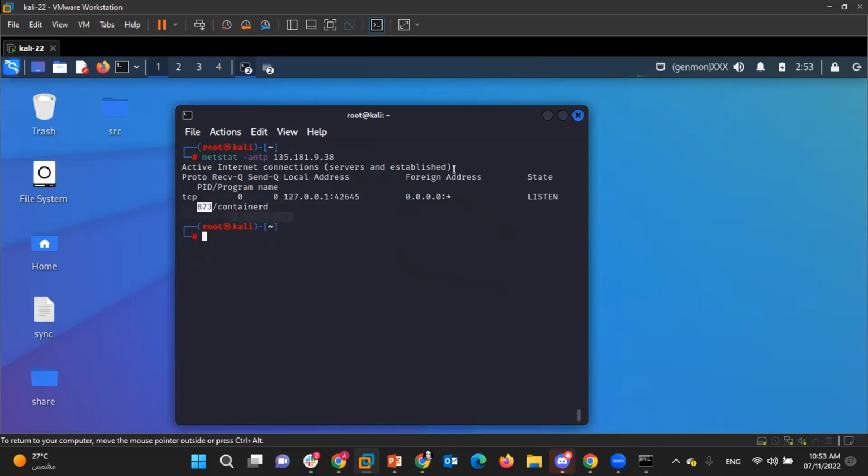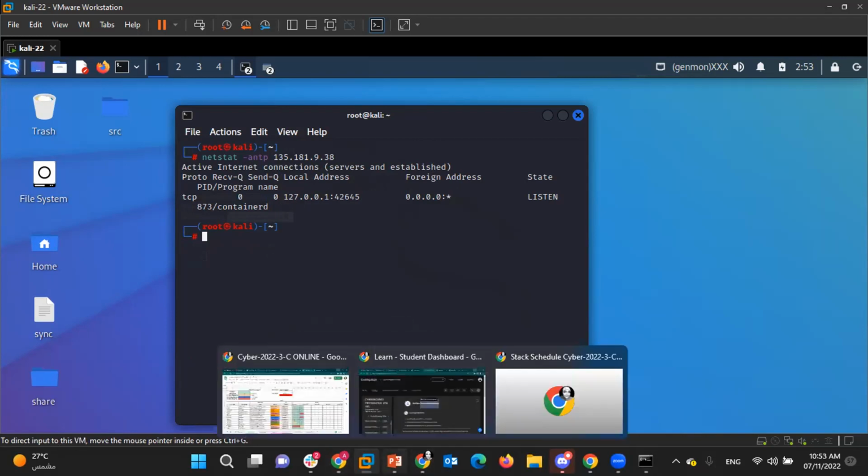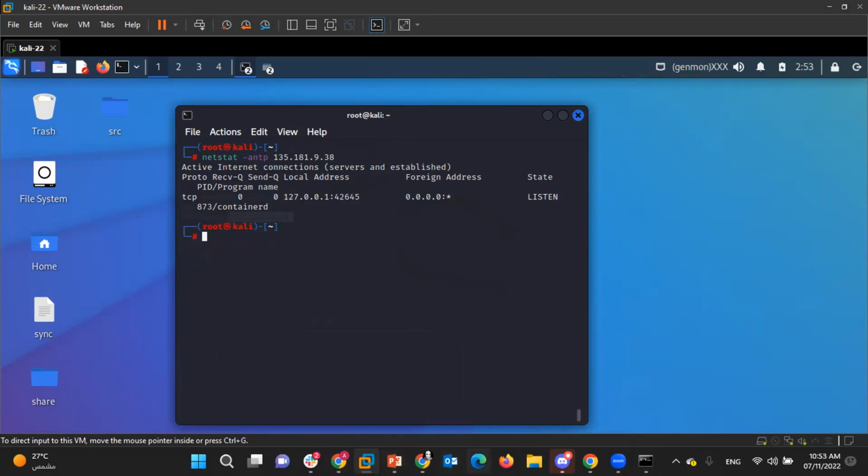Is it port 8073 countered? Okay, I have no idea why all of these ports are countered here.